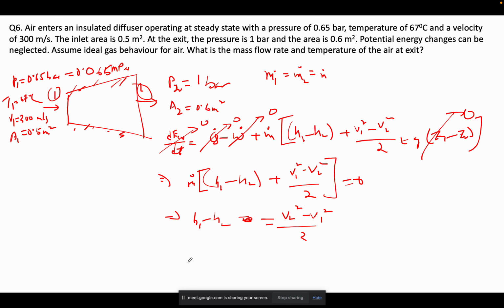Now if this is in meter per second, so this will be basically equal to 2000. Yes or no? Then this will be 2000 into h1 minus h2 is your v2 squared minus v1 squared. Okay, clear?